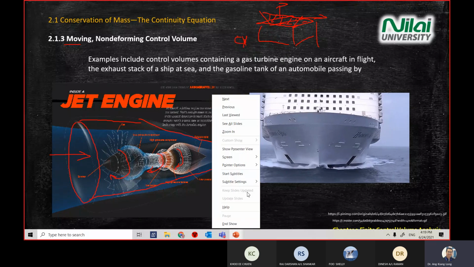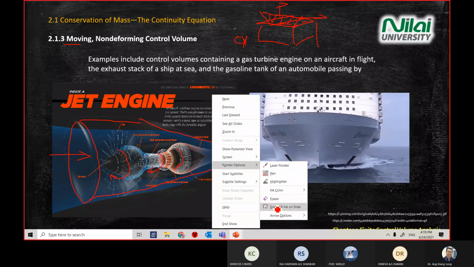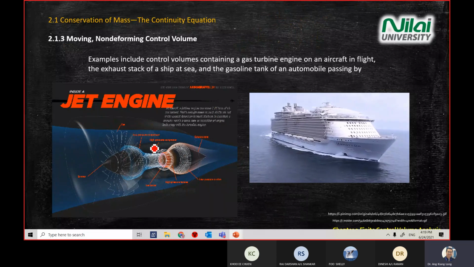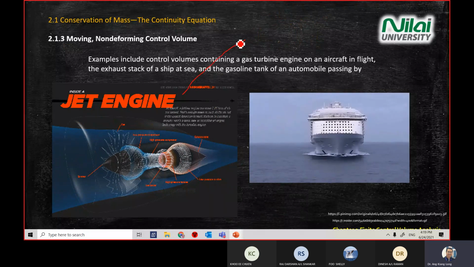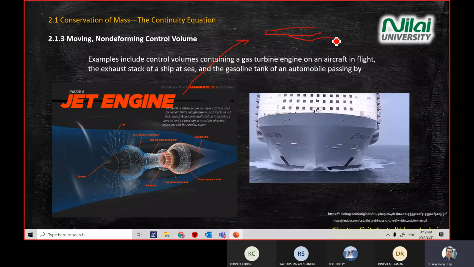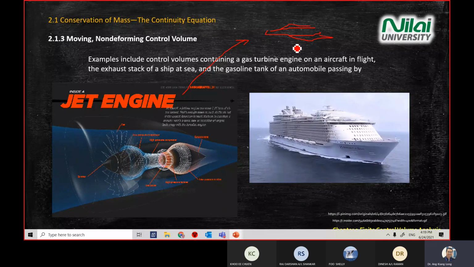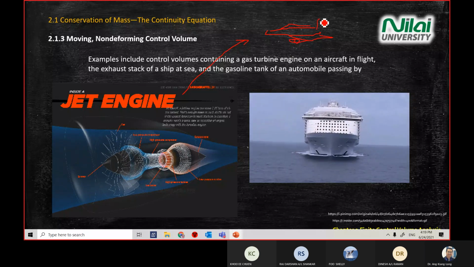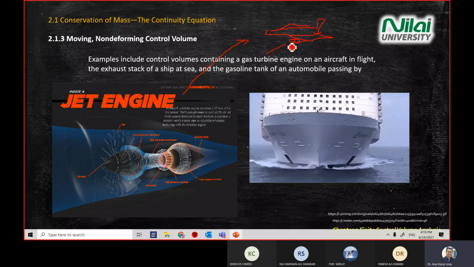Okay, now same with this diagram, maybe it seems that the control volume doesn't move. You imagine an aircraft. Again, apologize for my drawing. Okay, so this is your engine.